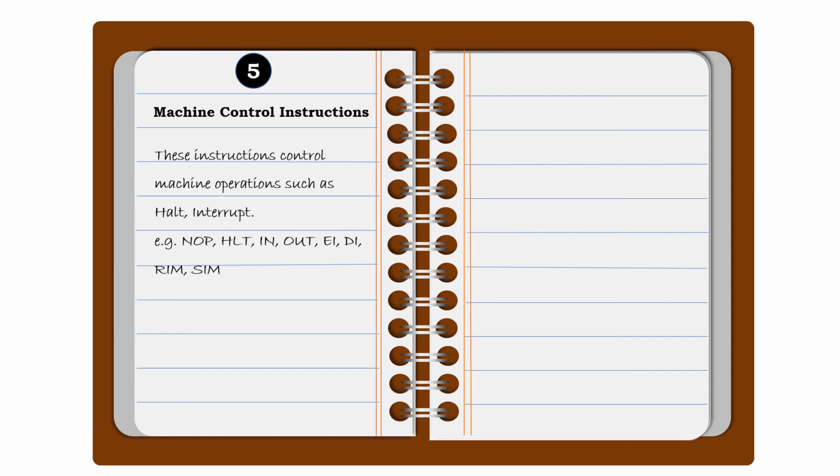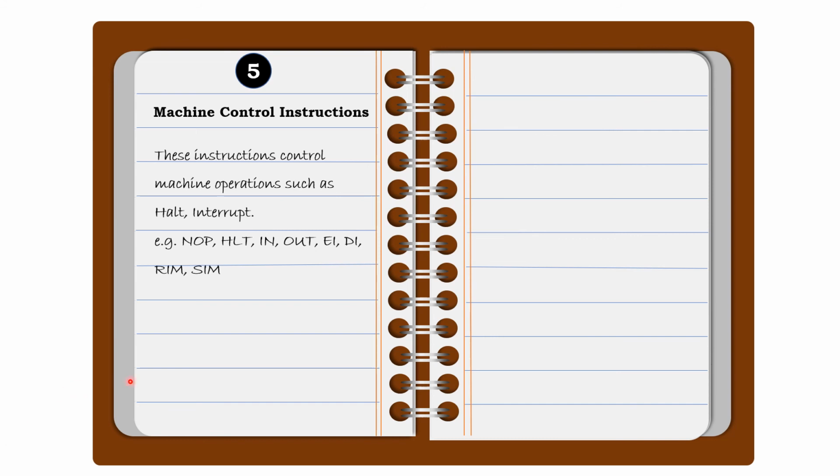So in the examples, they have given NOP. NOP is nothing but no operation, that is, no operation is performed. This is actually a 1-byte instruction, and this instruction is useful for time delay in timing.